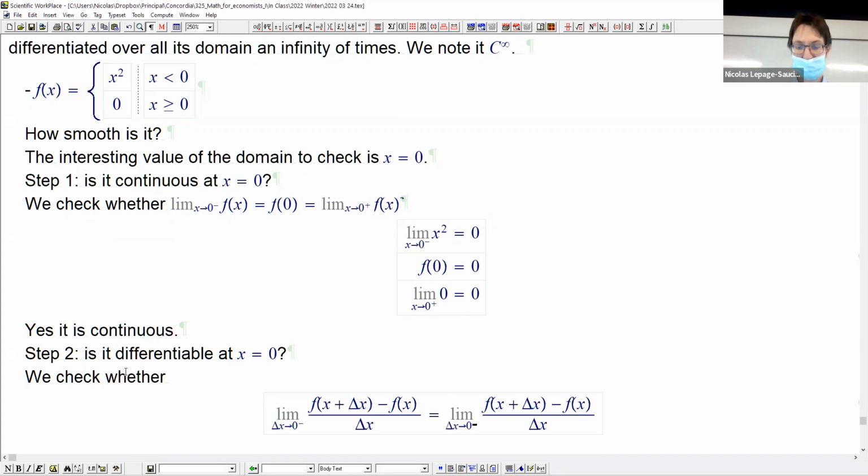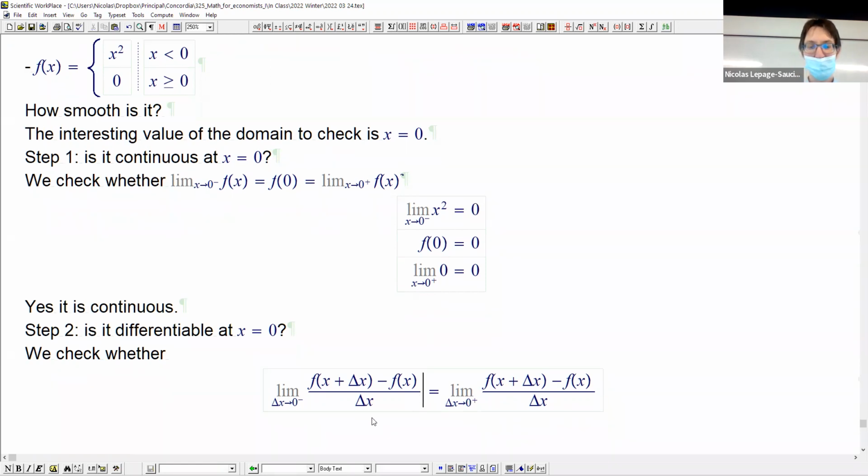So here it's not x tending towards 0, it's delta x tending towards 0, but from the negatives or from the positives. And so let's check that.